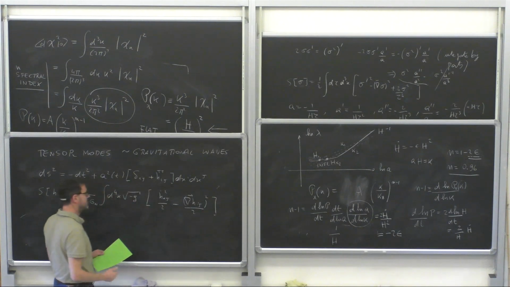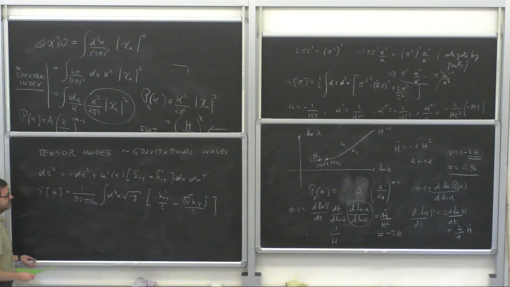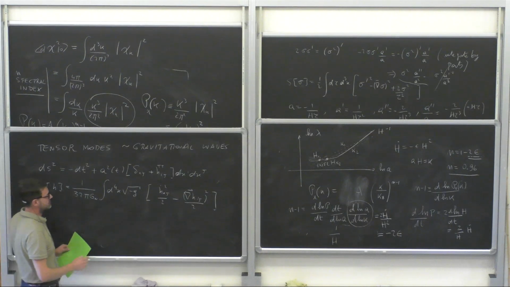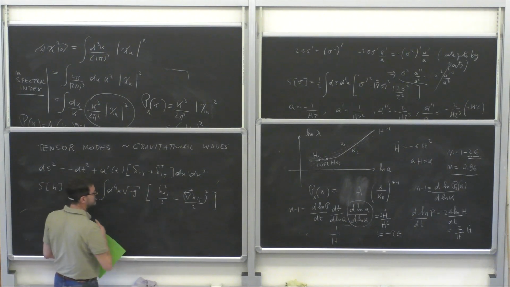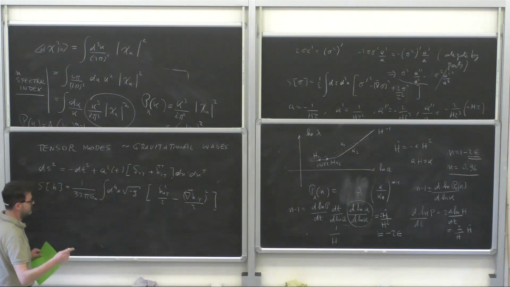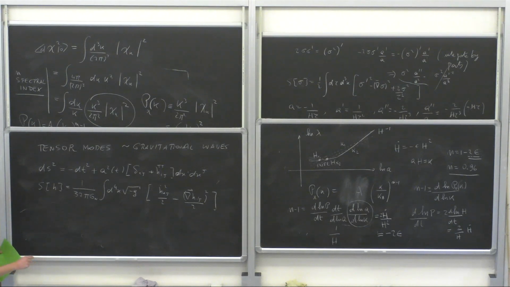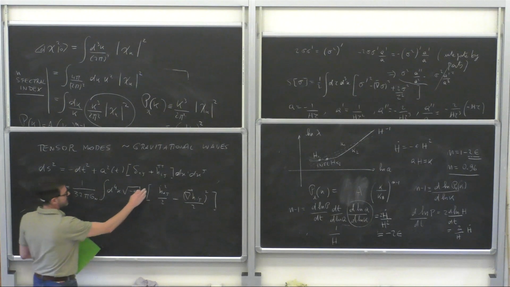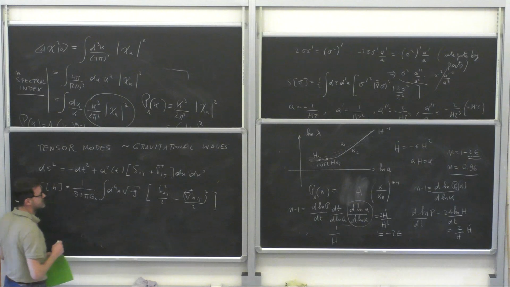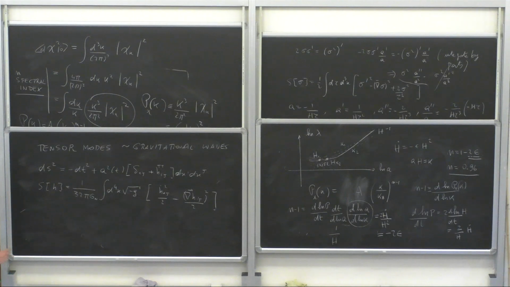So at a quadratic level, the 2 degrees of freedom do not talk to each other. Helicity 2 objects, the gravitational waves, have 2 degrees of freedom, which you generically call h cross and h plus.